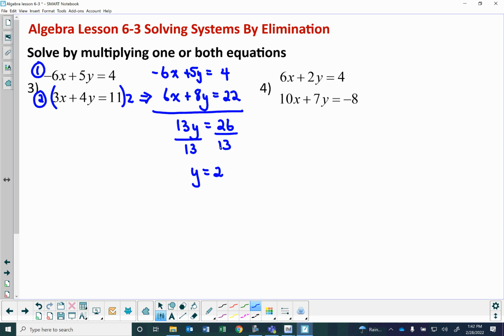Once I know what y is equal to, I can solve for x. I'm going to put it in the second equation because there are smaller numbers. So I have 3x plus 4 times 2 is equal to 8. So 3x plus 8 equals 8.